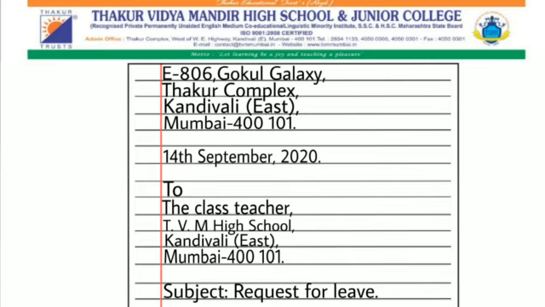What is the first step? That is sender's address. So, he wrote his address in 3 lines with commas, and the 4th line he wrote the pin code of Mumbai, that is 400101. Leaving 1 line, he wrote the date 14 September, 2020.